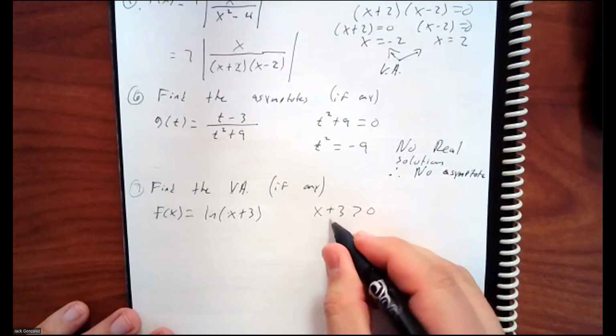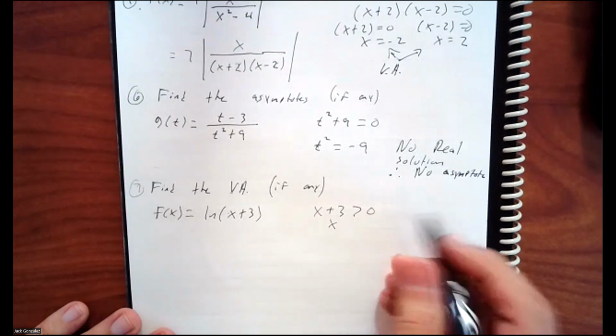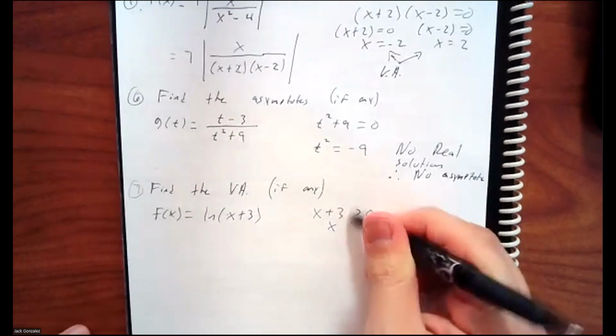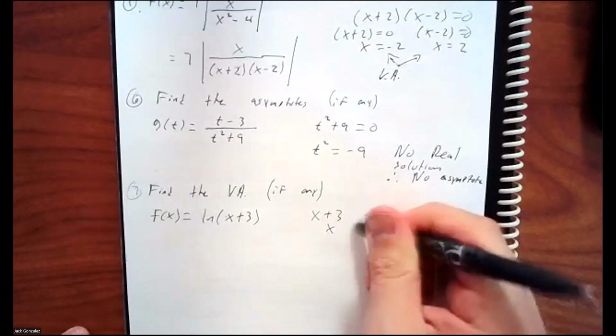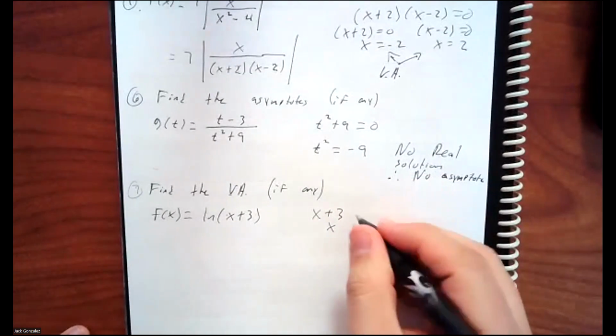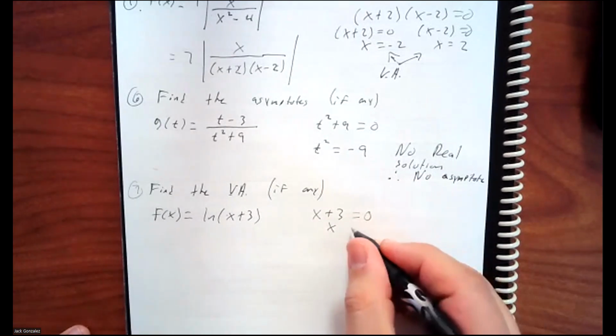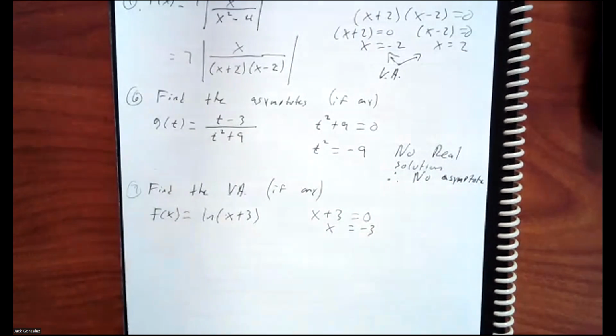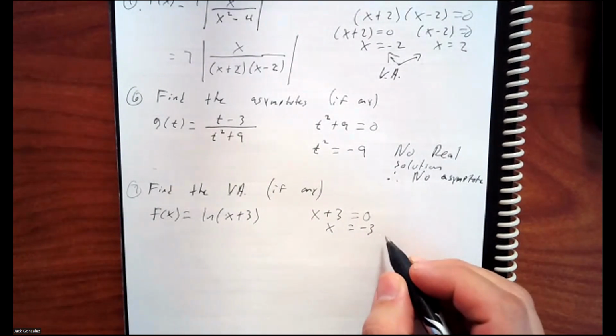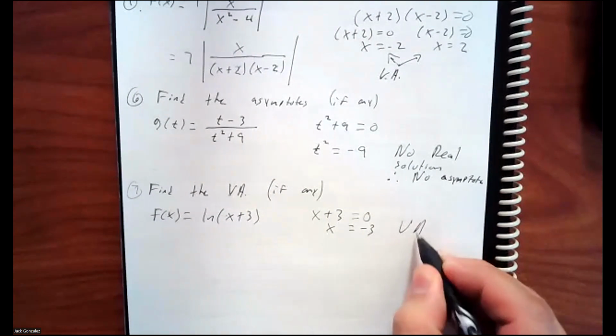Solve for x, and you get your, I'm sorry, that's for domain. We just want to know when it's 0. So solve for x. So it cannot be -3. So this is your vertical asymptote.